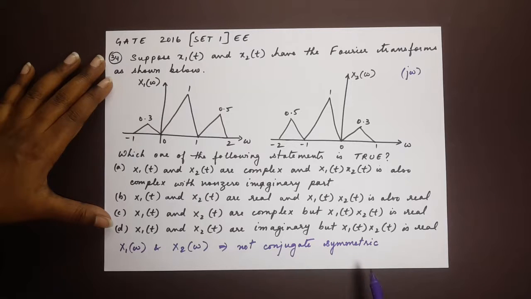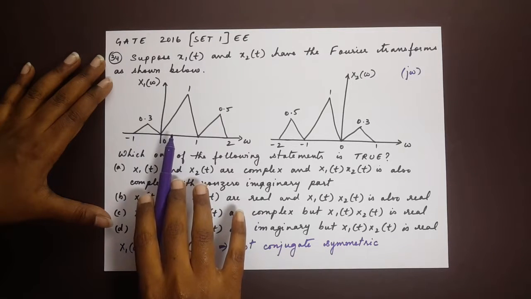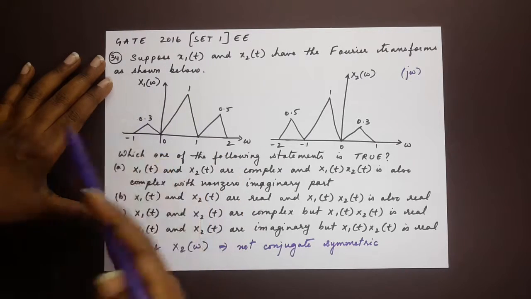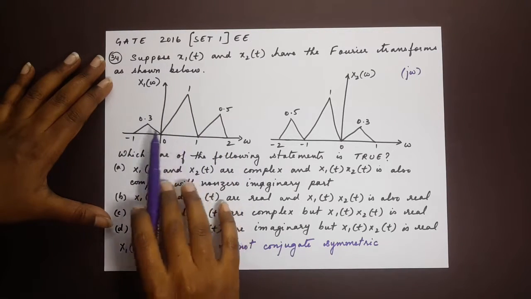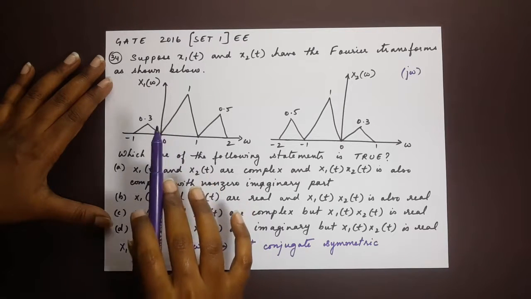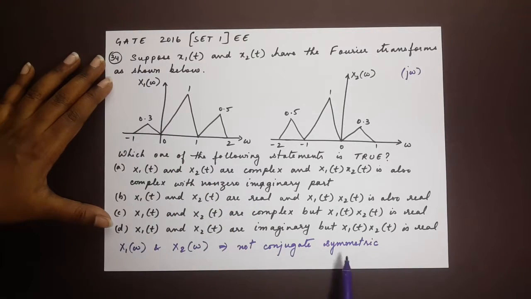Now the reason they are not conjugate symmetric is, that's just it. If you flip the waveform around, you will see that it is not symmetric. If you get the exact same waveform when you flip it over, then it is known as conjugate symmetric. In mathematical terms, f of minus x should be equal to f of x.